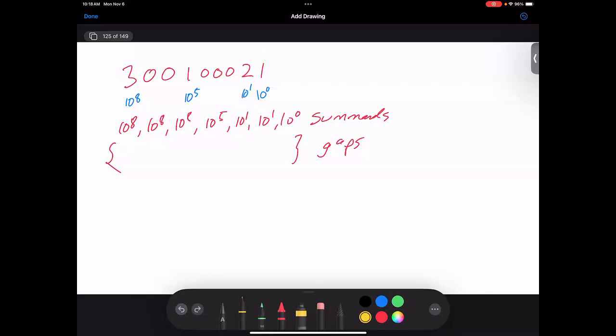I'm sorry, I'm supposed to be doing this in green. Now, I've gone from 10 to the 0 to 10 to the 1, that's going to be a gap of length 1. What's the next gap going to be? Length 0.